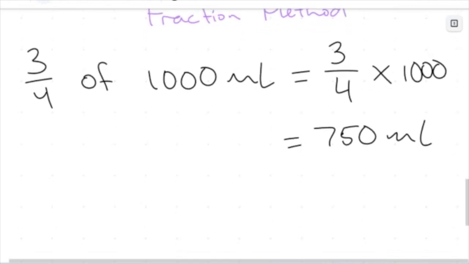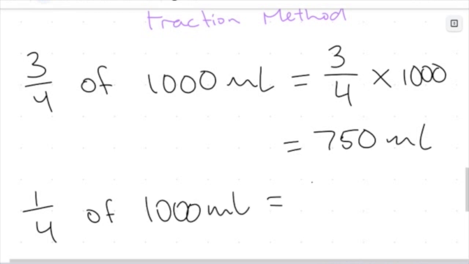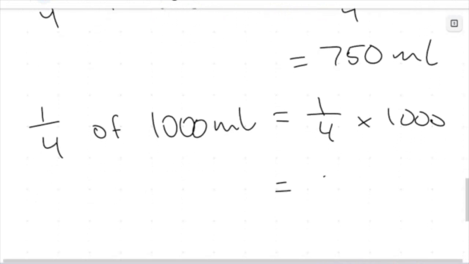And my other one is I want 1/4 of 1,000 mils. And that I find by multiplying 1/4 by 1,000. And I get left with 250 mils. But both of these methods give us the same answer.